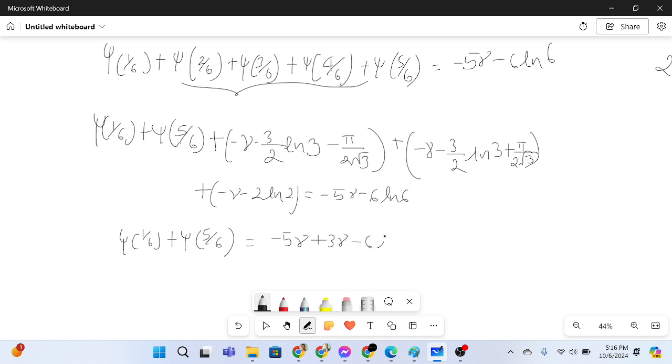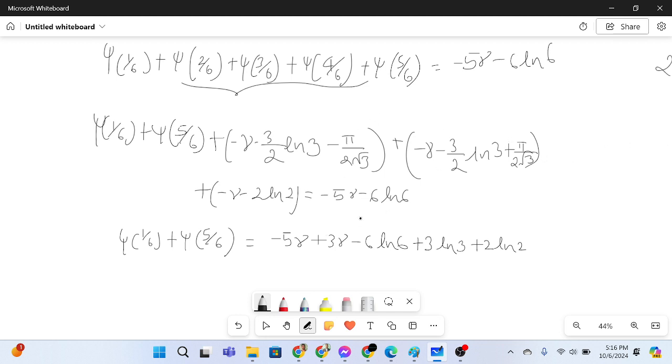Now minus 6 ln 6, and this minus 3 by 2 becomes minus 3, so there will be plus 3 ln 3 plus 2 ln 2, and then the pi terms cancel out. Looks like minus 5 gamma plus 3 gamma, plus 3 ln 3 plus 2 ln 2, and these two cancel out.